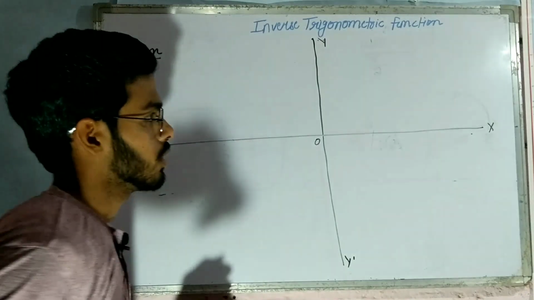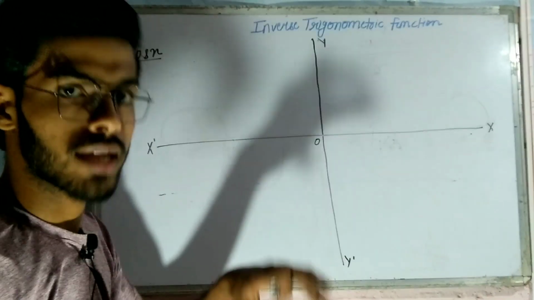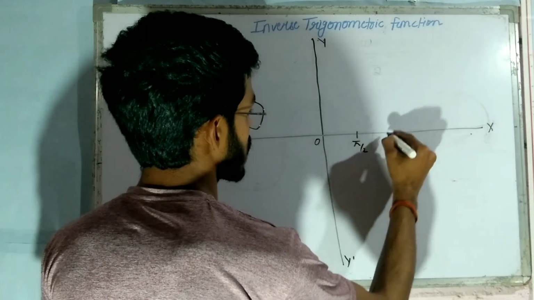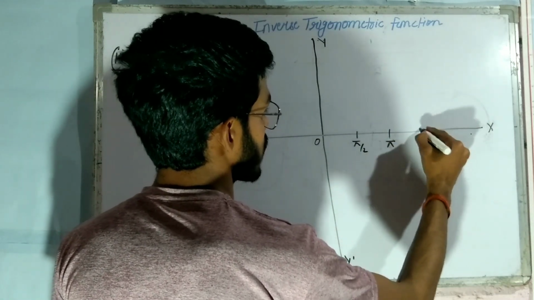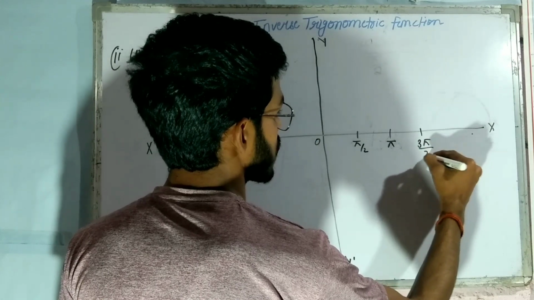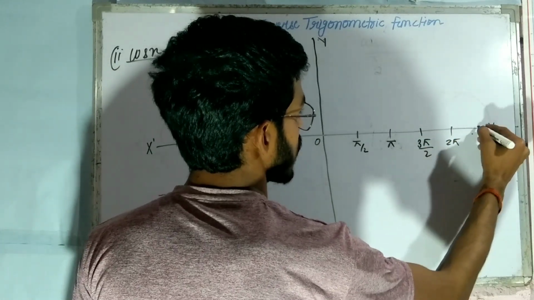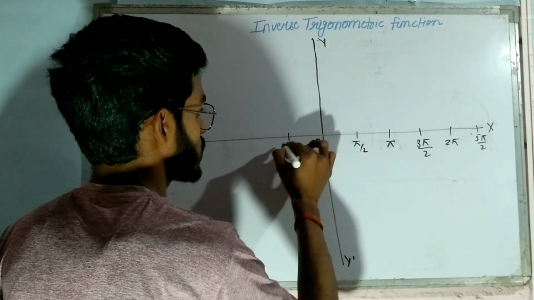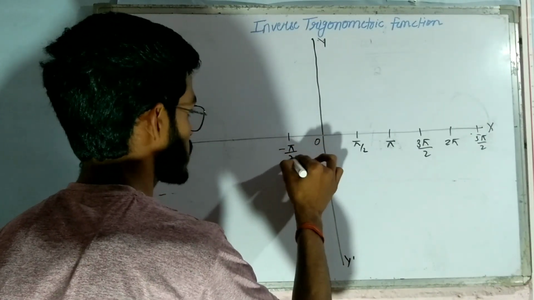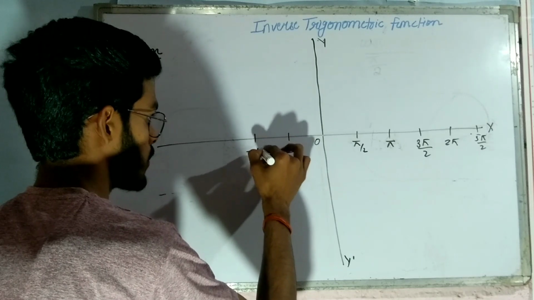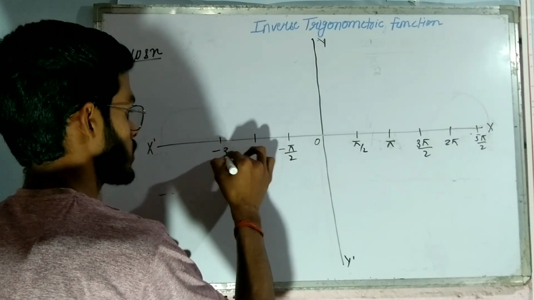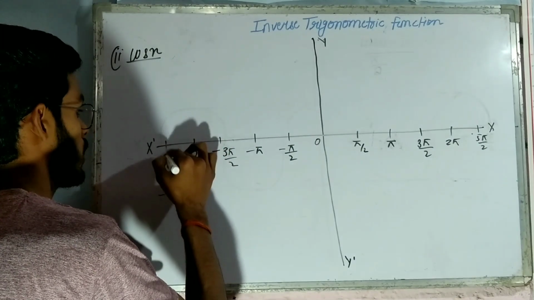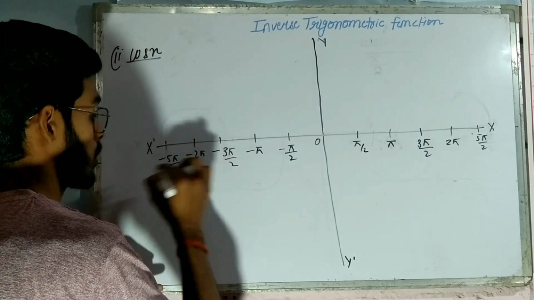Now we consider some points on the x-axis, which are pi by 2, pi, 3 pi by 2, 2 pi and 5 pi by 2. Similarly, on the negative x-axis: minus pi by 2, minus pi, minus 3 pi by 2, minus 2 pi and minus 5 pi by 2.